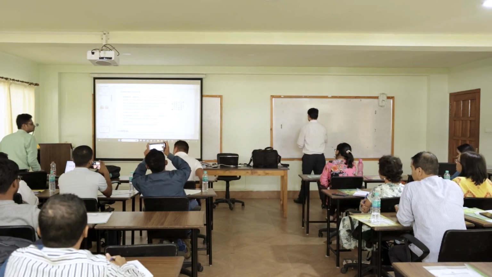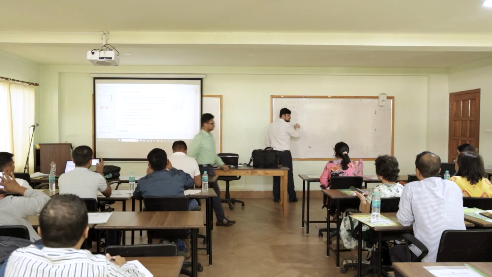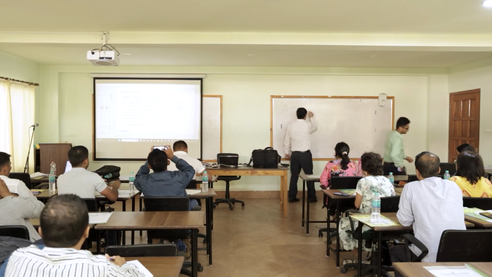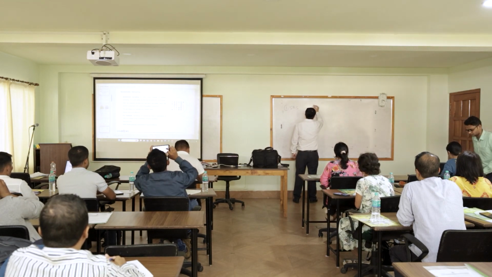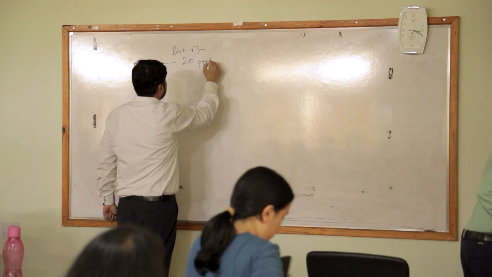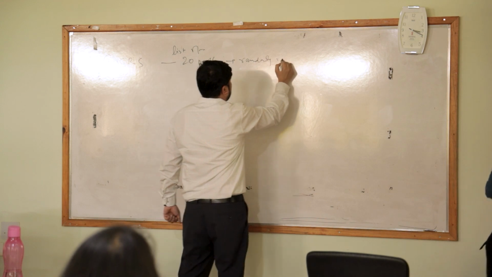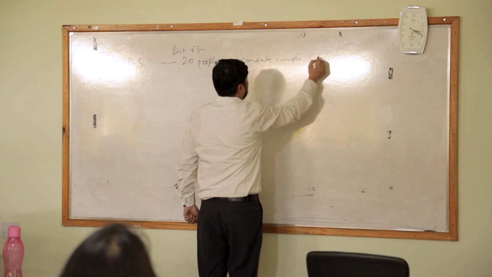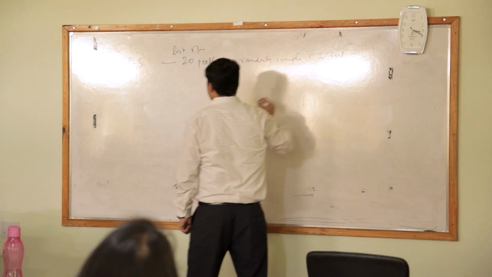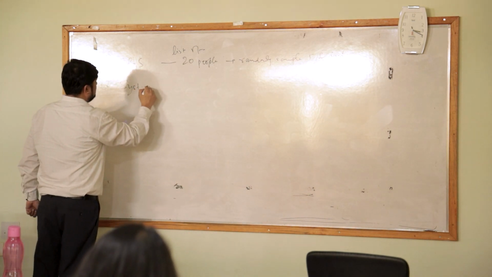So for systematic random sampling, first of all, let's talk about simple random sampling, SRS. Simple random sampling: a list of 20 people, randomly sample 5 and interview them. Simple. Now systematic random sampling.